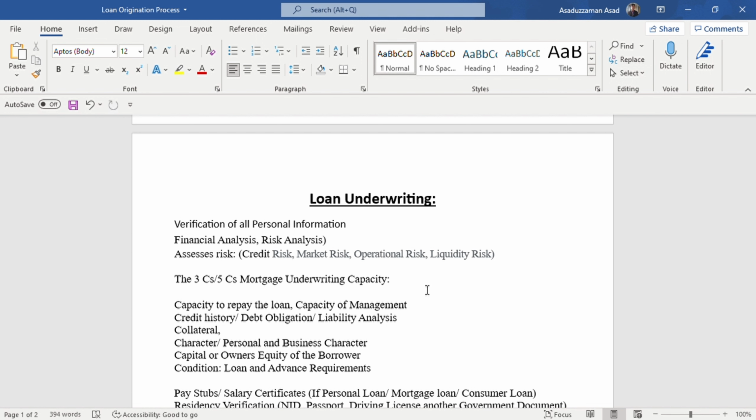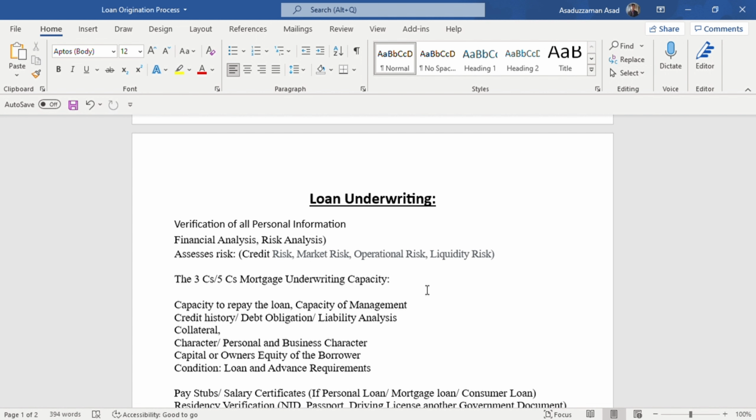Whether the borrower or the loan officer, or the client, paid the previous installment or loan amount in due time or on time the first time. It is very important. Historical financial information is analyzed by the underwriter.